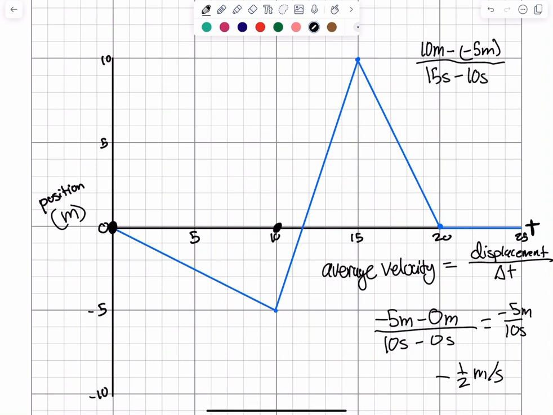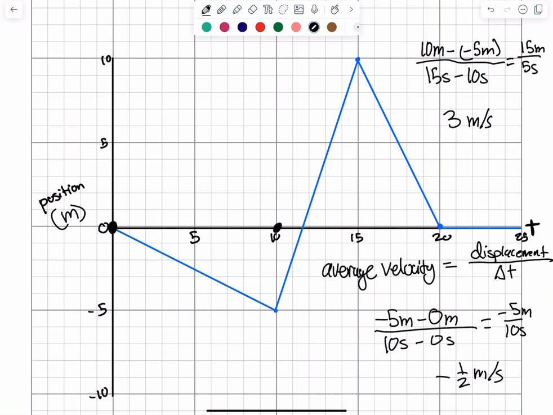This will simplify into 15 meters over 5 seconds, which then simplifies into 3 meters per second. Since this velocity is positive, the object is moving right at a speed of 3 meters per second during this time interval. This is how you can find average velocity from a position time graph.